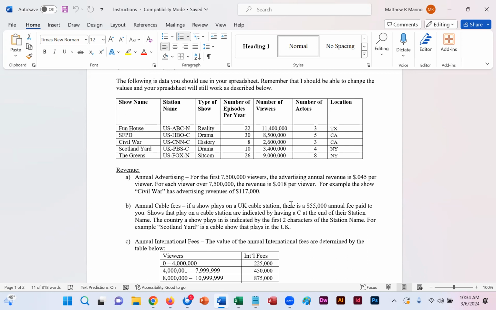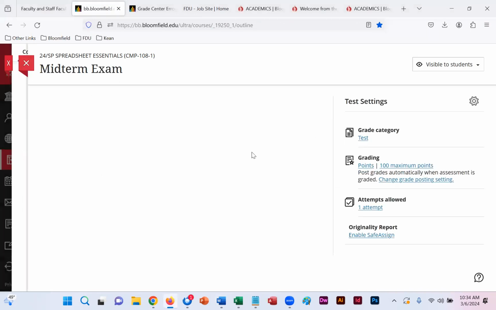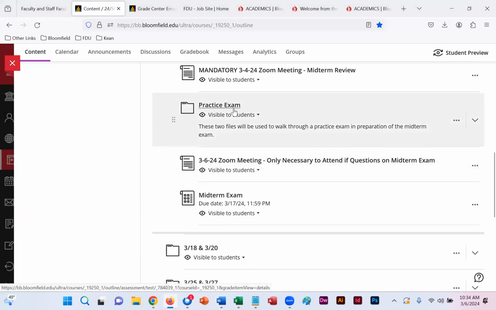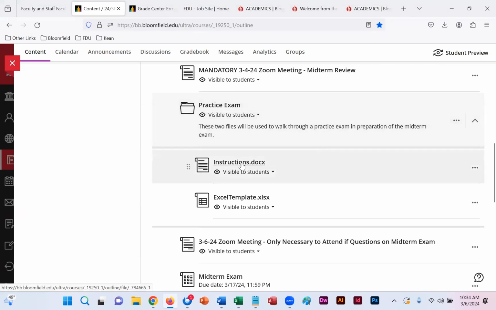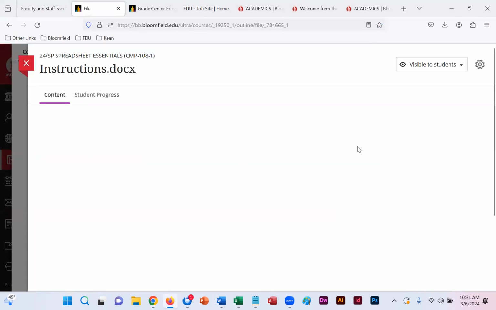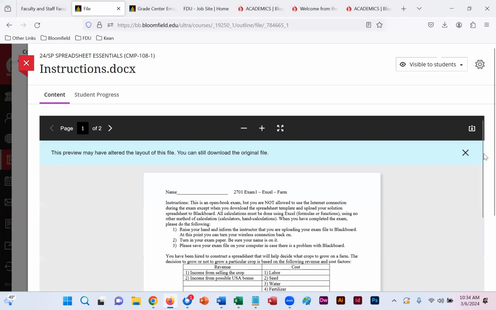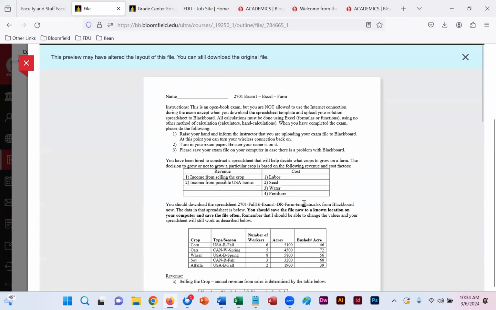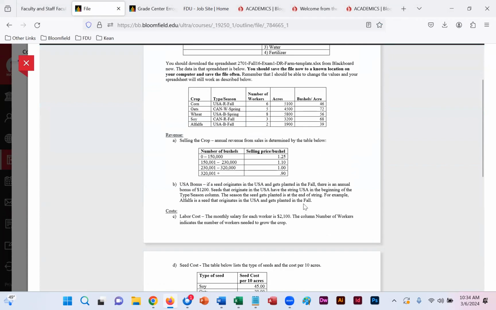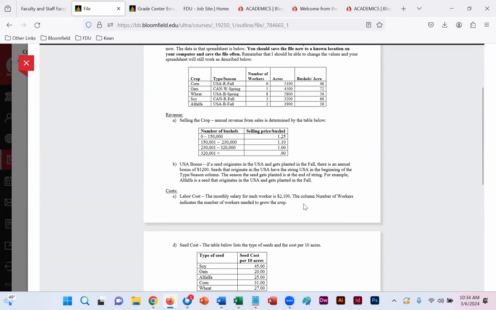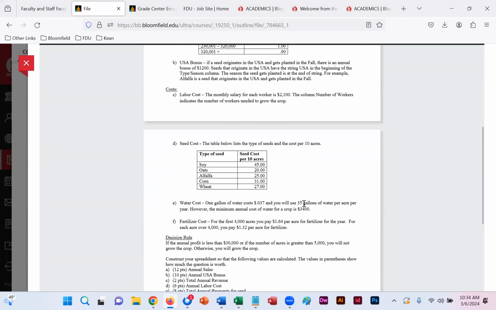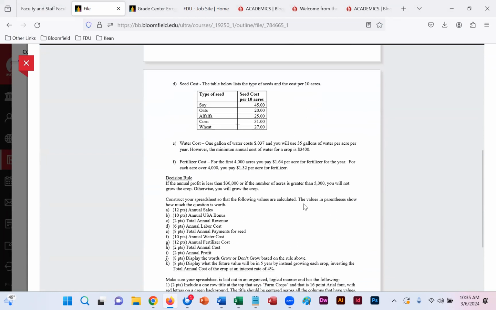So I forget what formula it was. Actually, since I have Blackboard open, I might as well check. Okay. So it's going to be basically the same formula as fertilizer cost, except you have to change the assumptions.